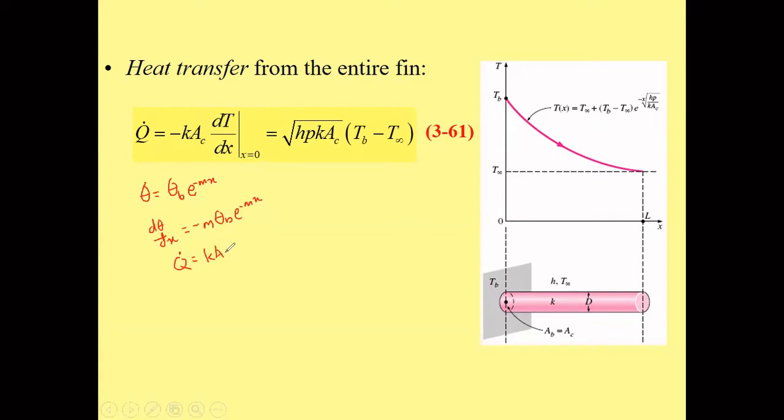Is kAc, and then because of this m here, square root of hP over kAc, times theta b, isn't it? So you can reduce this, you will get this, right? So this is the same as this. Okay. Right, so this is the first case.